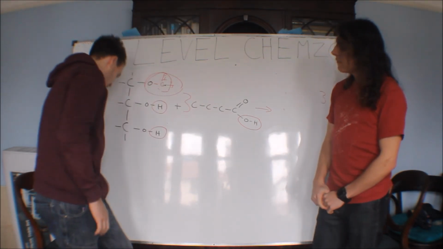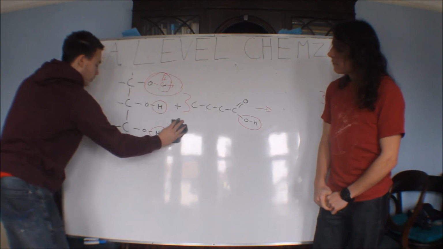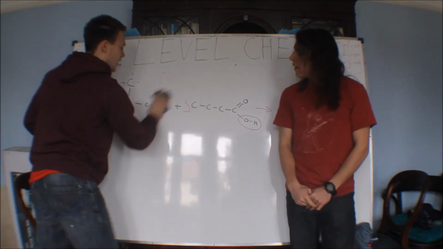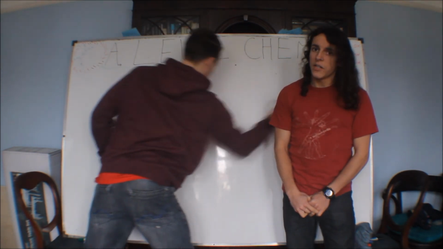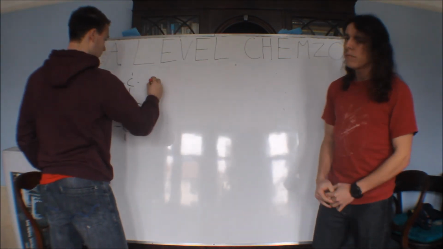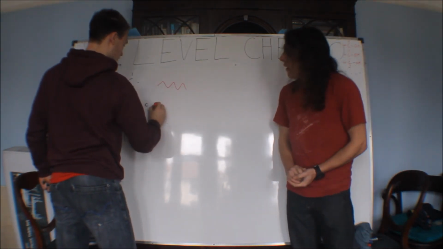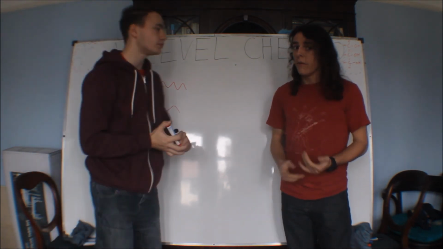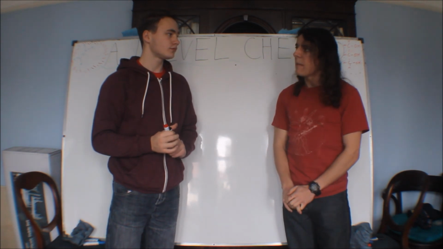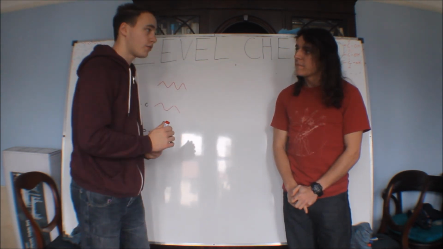So now we've looked at that. Another way of drawing this is if we rub all this off. They tend to like to draw it in skeletal form because the chains are huge. They are very large and also have little differences. The main differences between fats is whether they're saturated or unsaturated. You probably would have heard these words a lot in the media, but what do they actually mean? Well, they're both carbon chains.